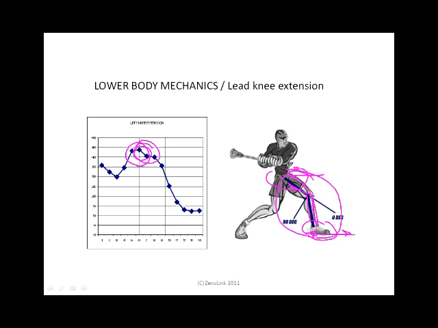They may generate some speed, but their true potential is not going to be really seen. And compensations always breed injury, or at least a higher potential for injury. So lead leg stabilization, the strength and capacity to do it, as well as the neuromechanical coordination to do it, are absolutely paramount.